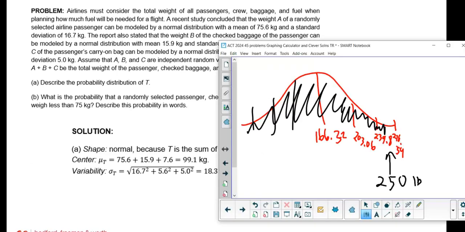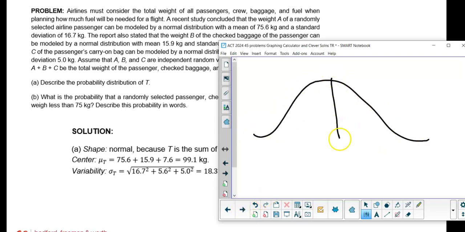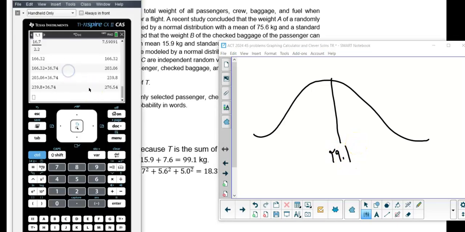Again, if I were you, I would graph this, right? So you get 99.1, you add 18.3, 3 times. I don't really need to go that direction.